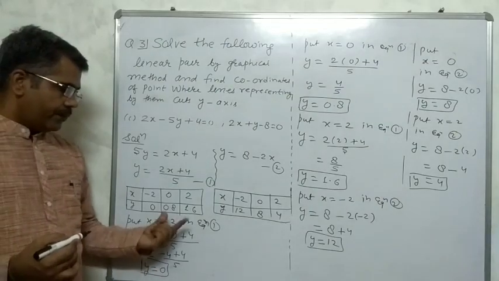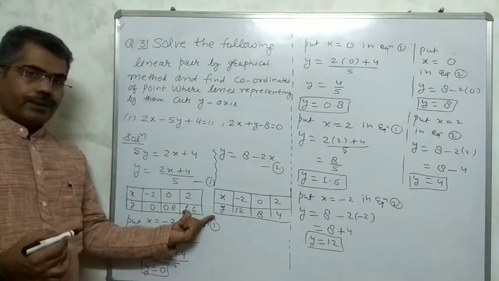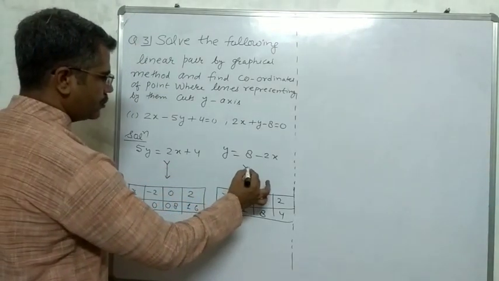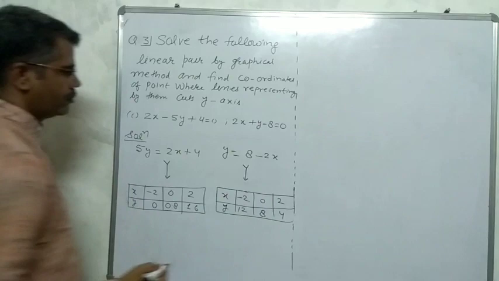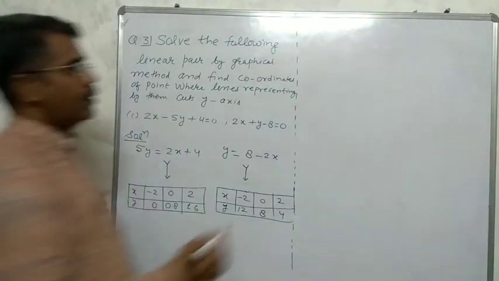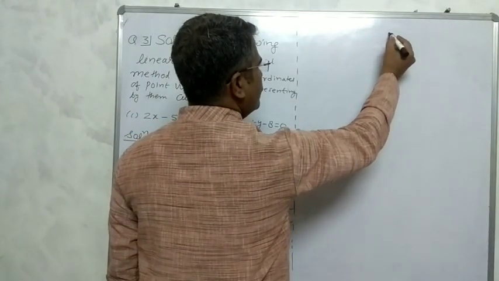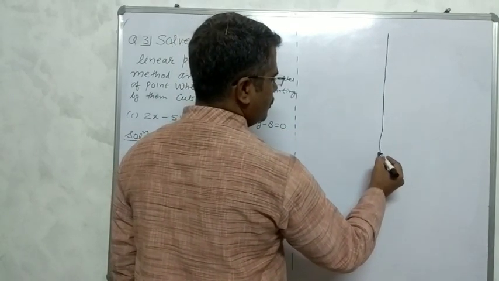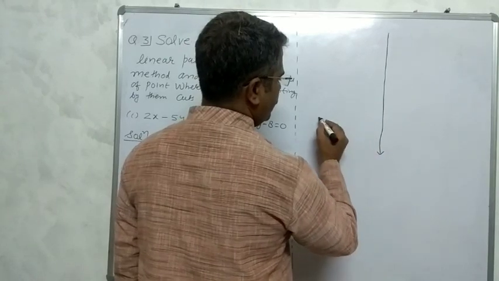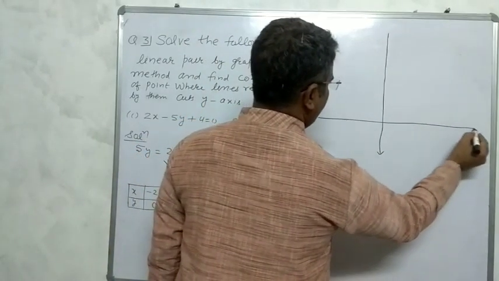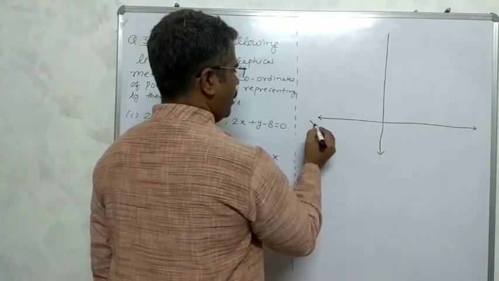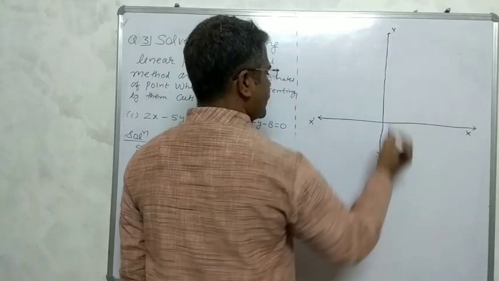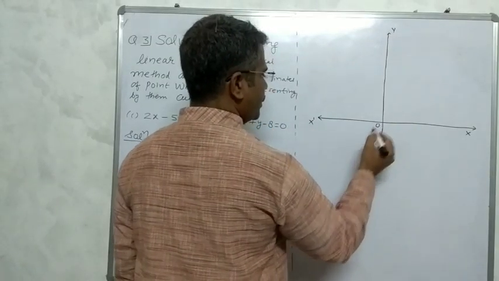We draw the graph with the help of these tables. Draw graph. X-axis x dash x, y-axis y, y dash and origin.